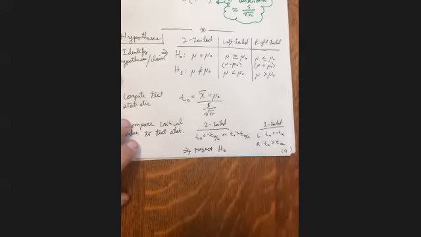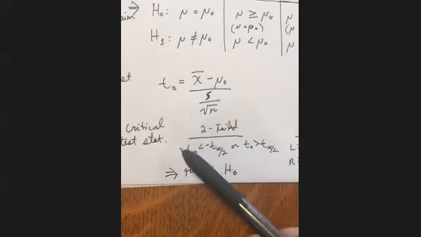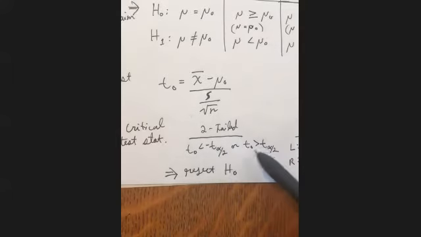So if it's a two-tailed test, then we're comparing our test statistic to T alpha over 2, which I'll show you how to get your calculator to tell you. And if T naught is less than negative or T naught is greater than positive, then we reject the null hypothesis.